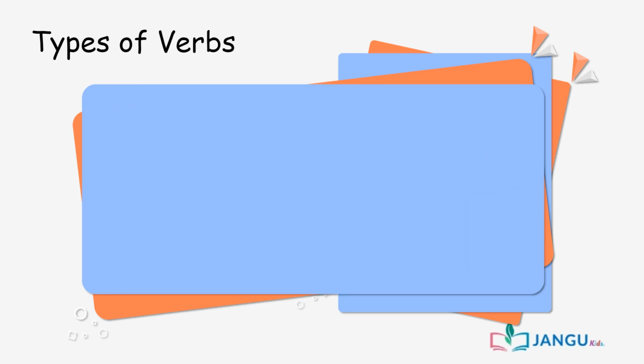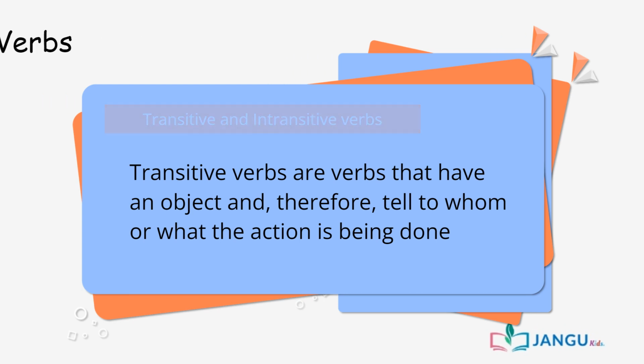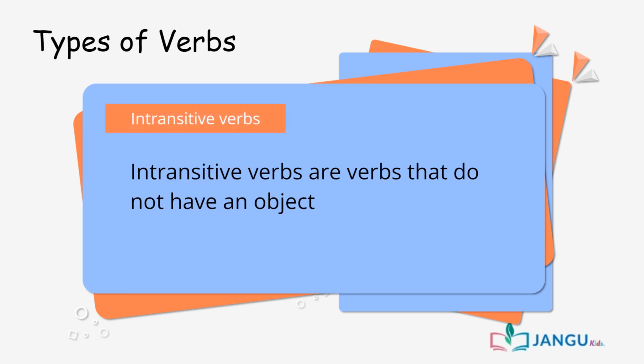Another pair of verbs that you can use are transitive and intransitive verbs. One of the important functions of verbs is that of taking an object. Transitive verbs are verbs that have an object and therefore tell to whom or what the action is being done, while intransitive verbs are verbs that do not have an object.